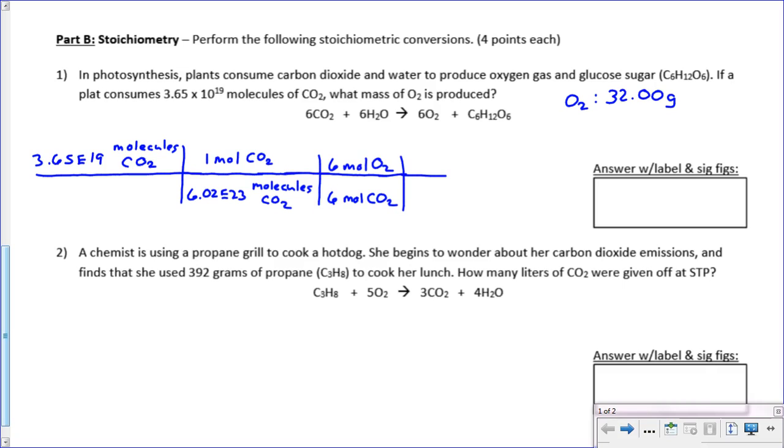All right, then as a last step, we know that in 1 mole of O2, we have 32.00 grams of O2. If you calculate this and round your answer to 3 sig figs, you should get 0.00194 grams of O2.